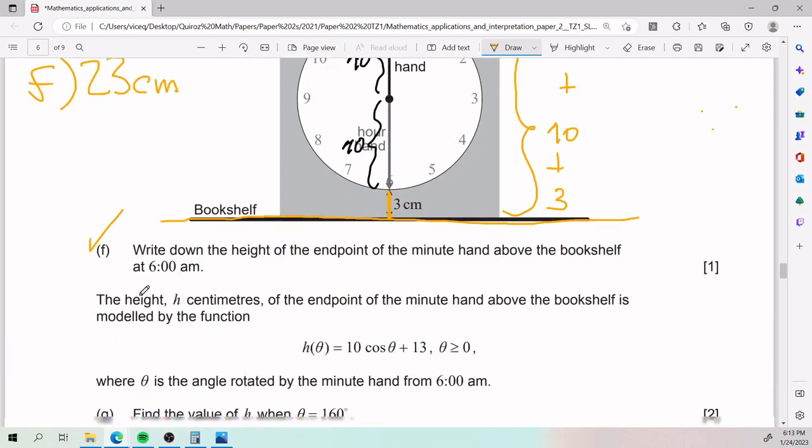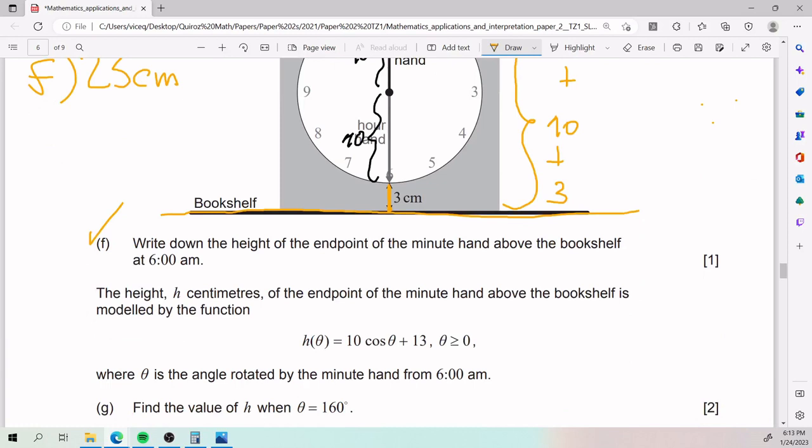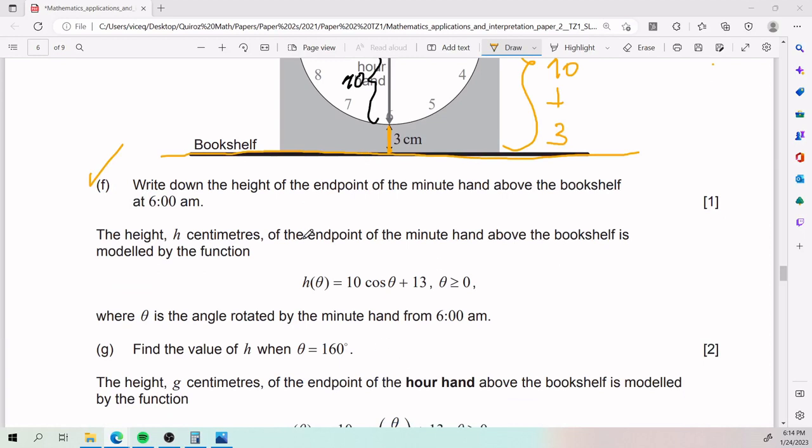That is part F. Later on, they say that the height h in centimeters of the endpoint of the minute hand above the bookshelf is modeled by the function blah. All right, so that is for the function, where theta is the angle rotated by the minute hand from 6 a.m. And to find the value of h when theta is equal to 160. So all we really have to do here is plug in theta equals 160 and find the value for h.